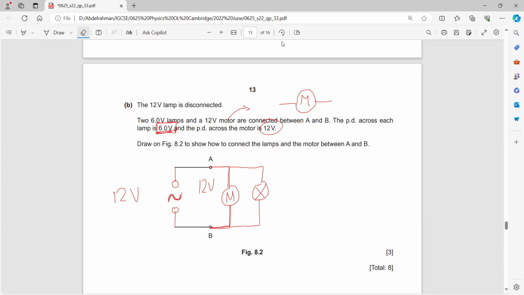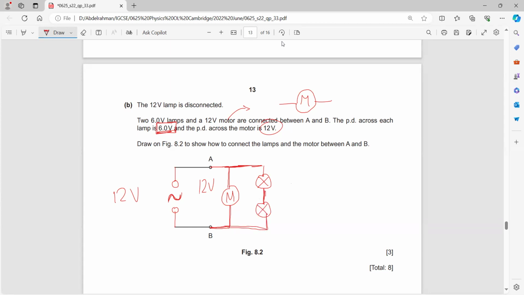How should I draw them? We put the two lamps next to each other, in series. Why will both of these lamps be in series?